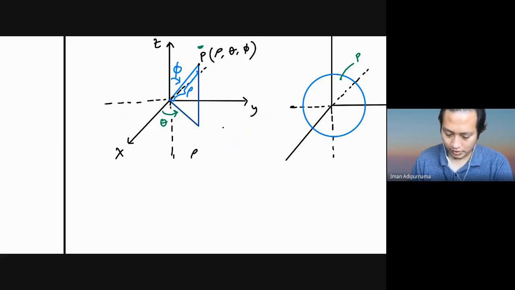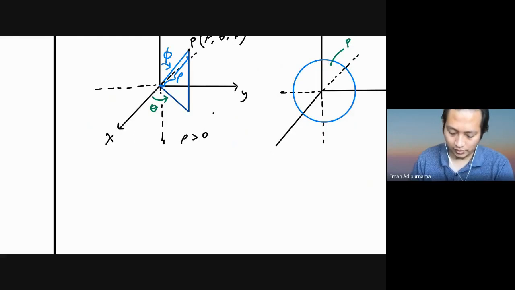So in this case, the radius is always positive, because it's a scalar, right? And then the theta is a full circle, right? It's a full circle here. So you can write it as 0 to 2 pi.